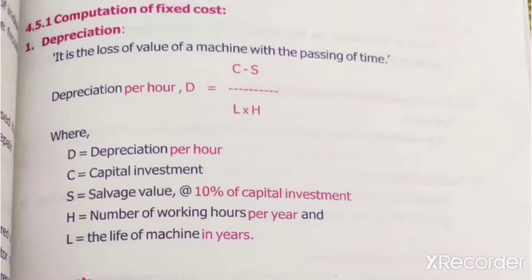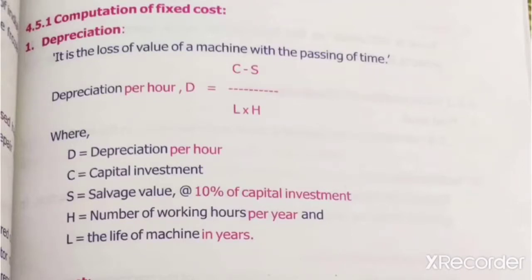Now how will the depreciation be calculated? There is a formula: D is equal to (C minus S) divided by (L into H). Here D stands for depreciation cost per hour, C stands for capital investment, and S is the salvage value, which is taken as 10% of the capital investment.